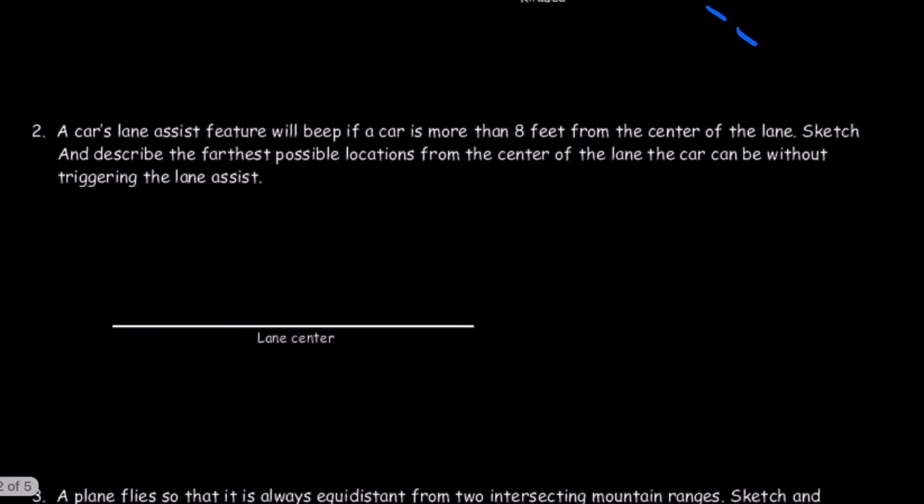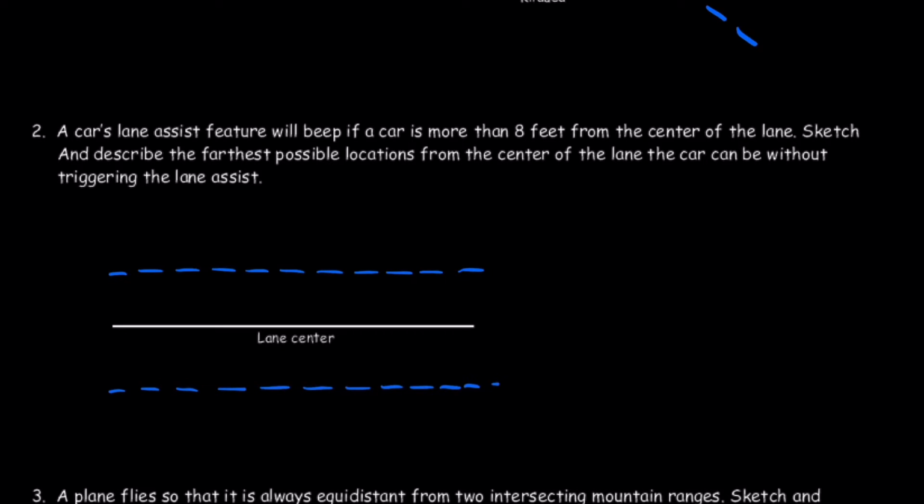Question 2. A car's lane assist feature will beep if a car is more than 8 feet from the center of the lane. Sketch and describe the farthest possible locations from the center of the lane the car can be without triggering the lane assist. In this case, we are given a line, and what we are going to sketch are 2 lines, one up above and one below.